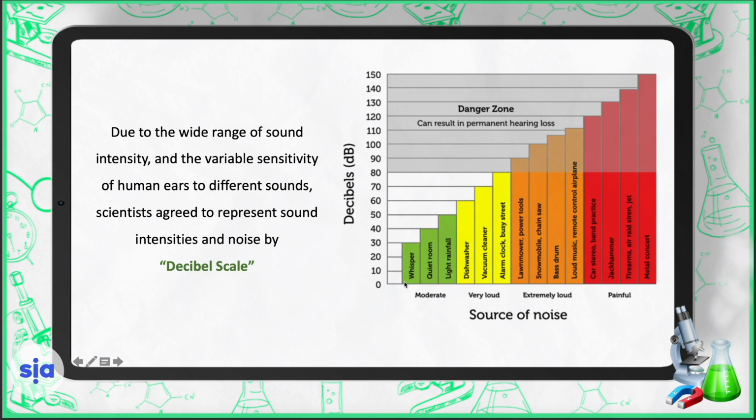Starting from the moderate sound level or the green area and then going to the very loud sound, extremely loud, and you can see that the dangerous zone is above 80 decibel.